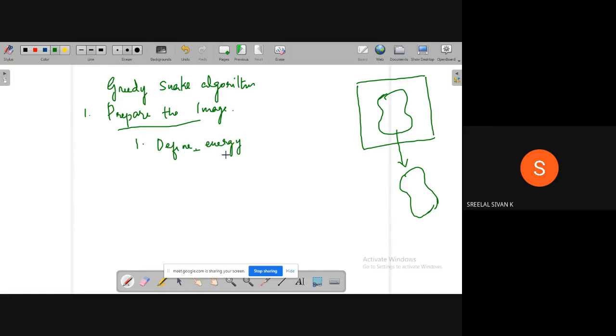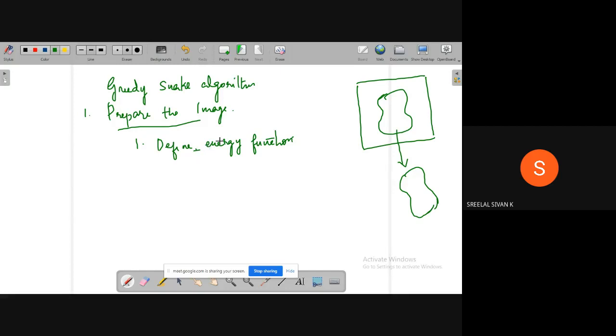First of all you need to define the energy function. That energy function can be defined using your pixel intensity value, gray level value, or some sort of gradient operator, gradient differences between the pixels. So some sort of functions or values may be taken as your energy function.